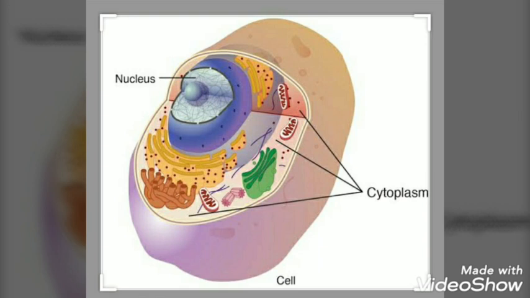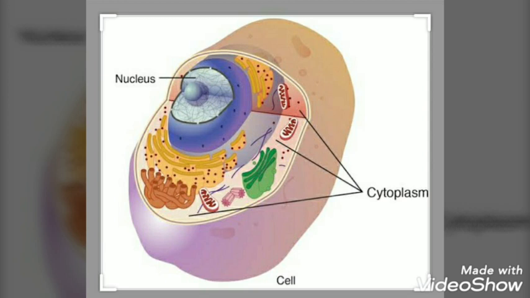Now the second content of the cell is the cytoplasm. Now what is cytoplasm? It is a protoplasmic mass of the cell other than the nucleus. It lies outside the nucleus and inside the plasma membrane. That means in a cell it will surround the nucleus.